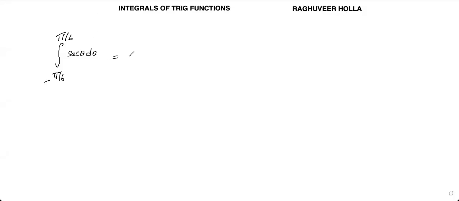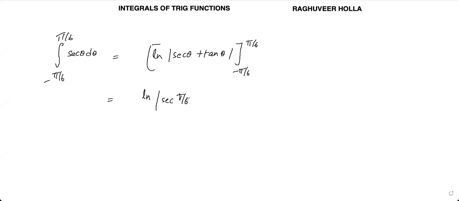Now let us solve this problem. The integral of secant theta will be ln secant theta plus tan theta, for minus pi by 6 to pi by 6. Now this is ln of secant pi by 6 plus tan pi by 6, minus ln of secant of minus pi by 6 plus tan of minus pi by 6.